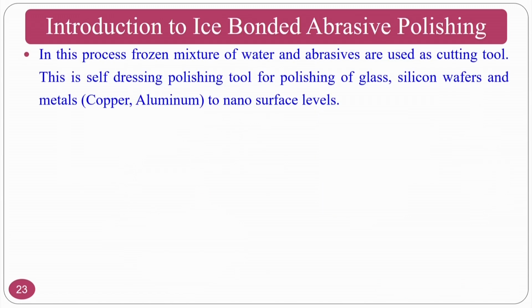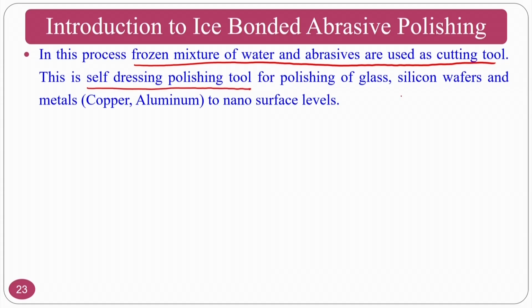This process uses a frozen mixture of water and abrasives as a cutting tool, as you have seen in the previous slides, and it is a self-dressing polishing tool for polishing of glasses, silicon wafers and other metals like copper and aluminum. You can also use it for mild steel and other things, but there may be a chance of rusting after some time, because whenever water reacts with Fe based workpieces, there may be chances of rusting.